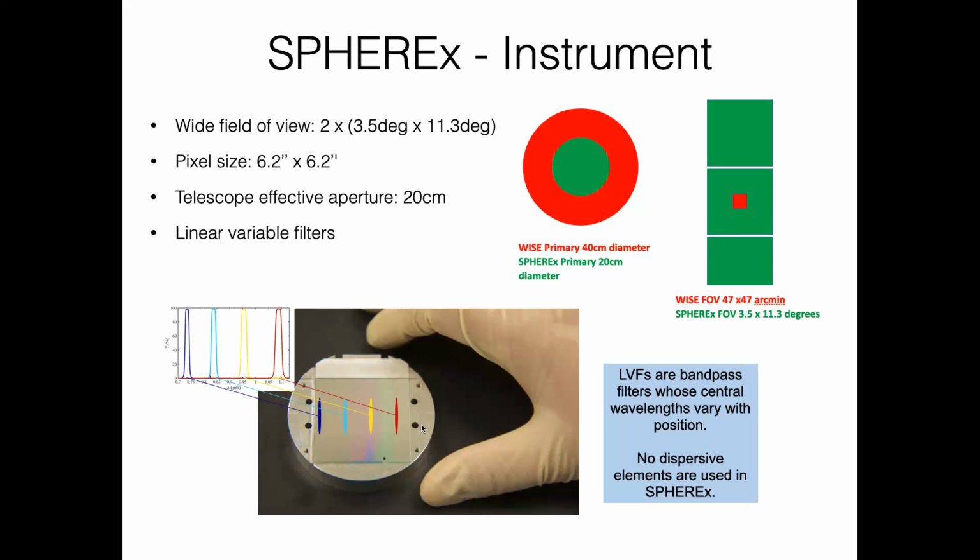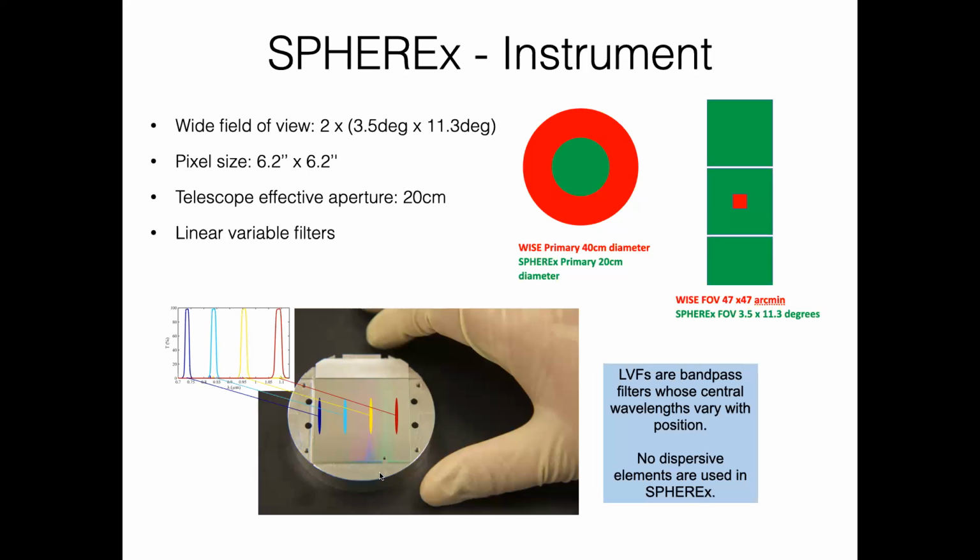How the linear variable filter works is that there are bandpass filters whose central wavelength varies with position. The light ends up falling on a particular position, and that position tells you which wavelength is going to go through.